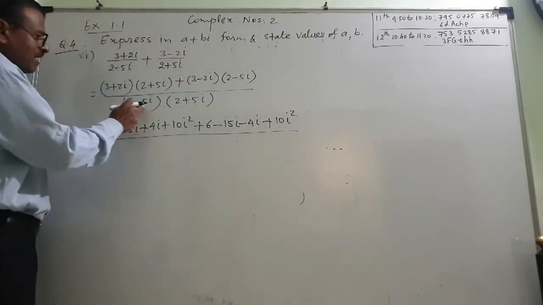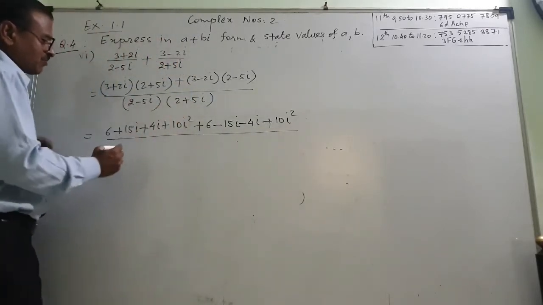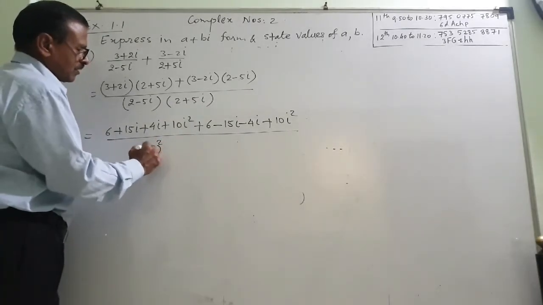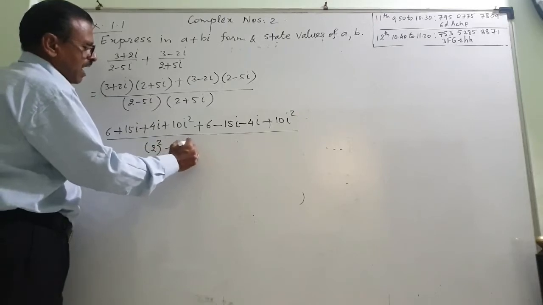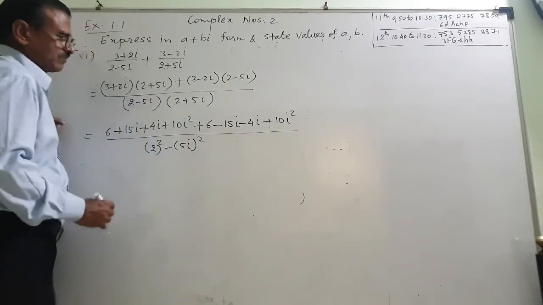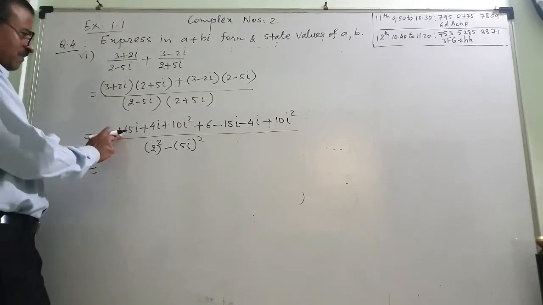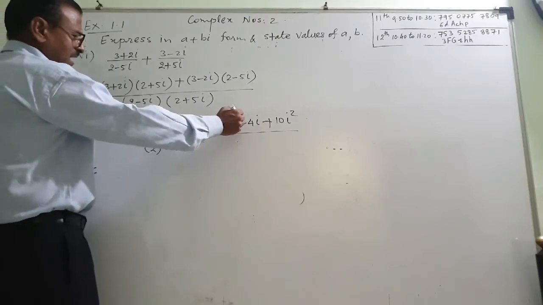Now this is a minus b, a plus b, a square minus b square. So 2 square minus 5i bracket square. Whatever, if you can cancel, you can cancel. This plus 15i and this minus 15i will cancel.